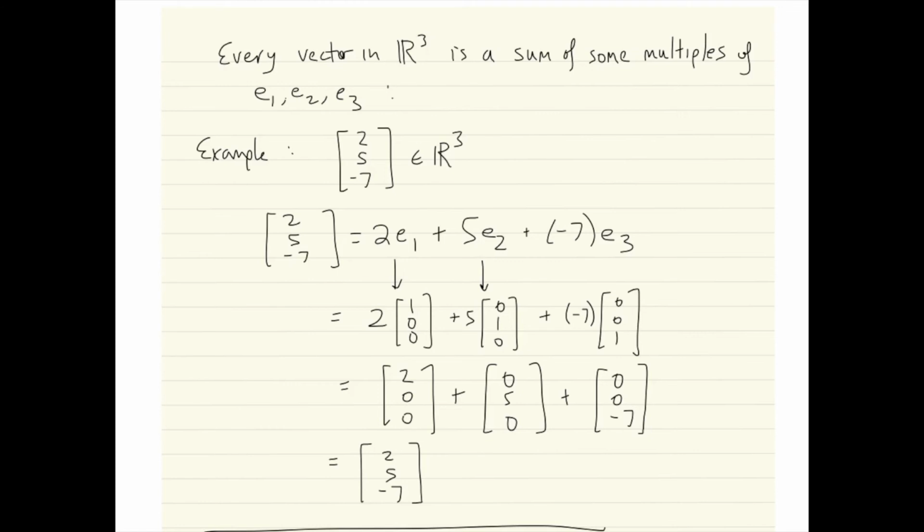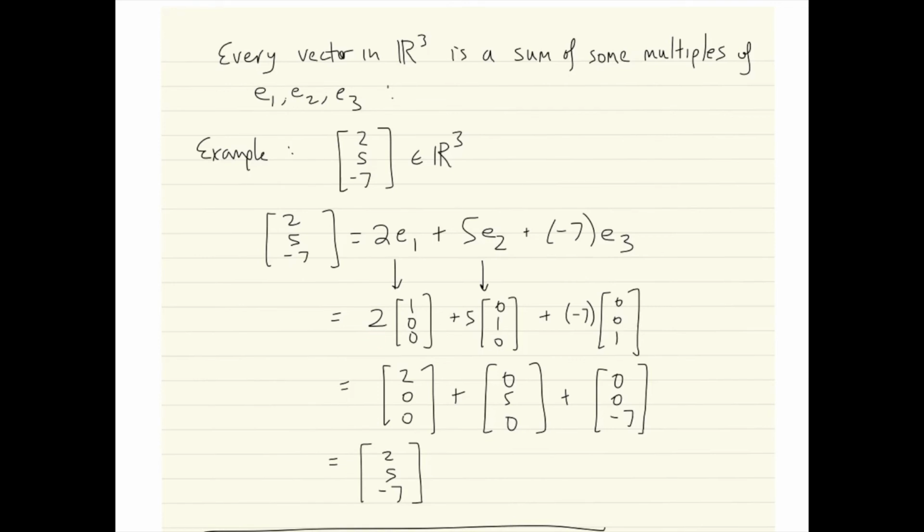Here's an example. The column vector (2, 5, minus 7) is an element of R3, in other words, a 3-tuple of real numbers. And this can be written as 2 times the first standard basis vector E1, 5 times the second standard basis vector E2, and negative 7 times the third standard basis vector E3. Why is that?